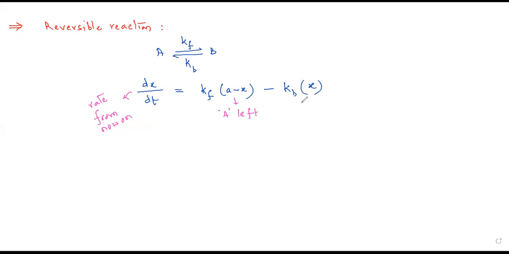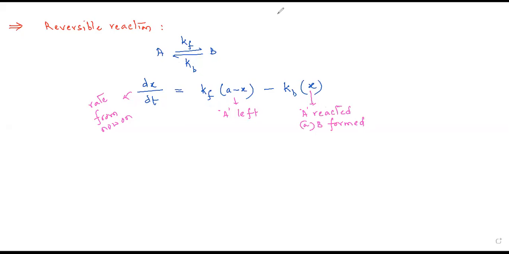A left, B reacting in the backward reaction. So in terms of A, it is A minus X, means amount of A left, KB into X, that is the amount of B formed from A, or this is nothing but A reacted or B formed, isn't it?